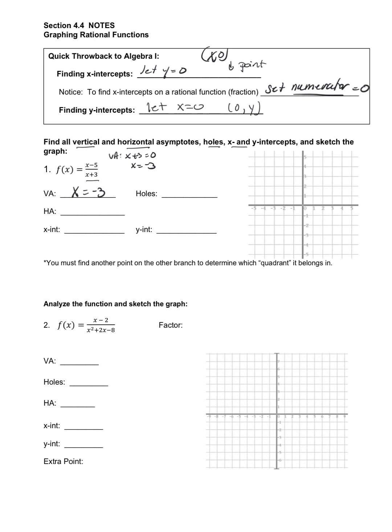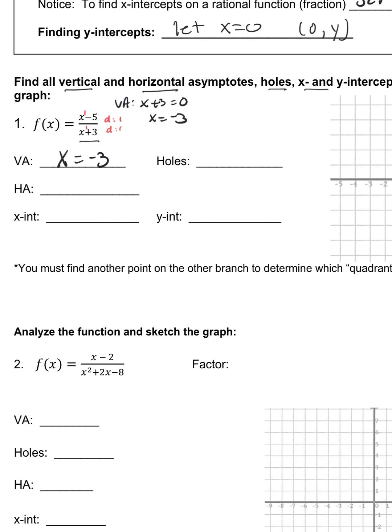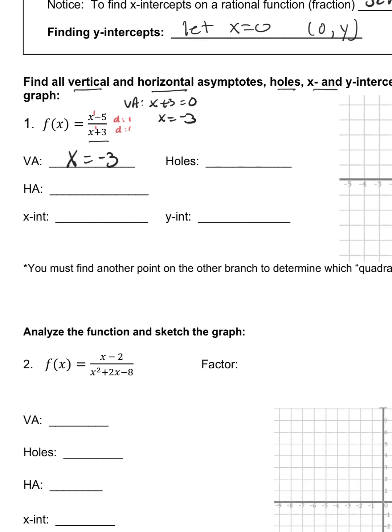The horizontal asymptote, remember, we determine by looking at the degree of the numerator and the degree of the denominator. The numerator is degree 1, and the denominator is degree 1 as well. Since they're the same, it's the ratio of the leading coefficients.